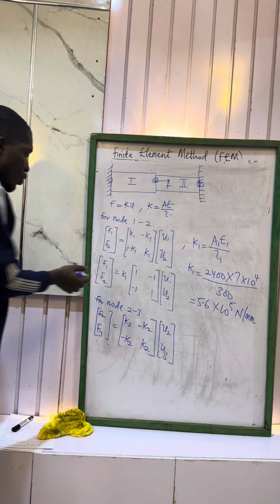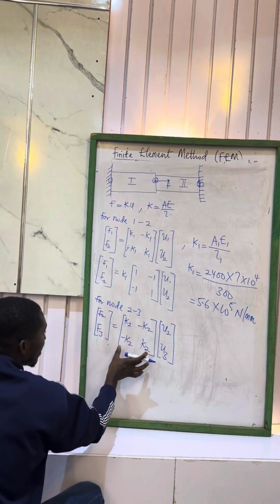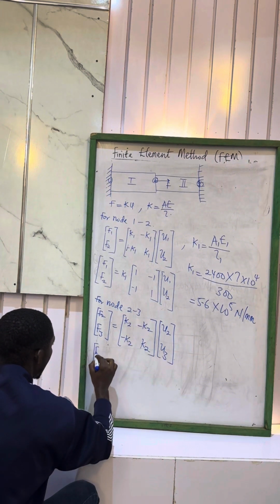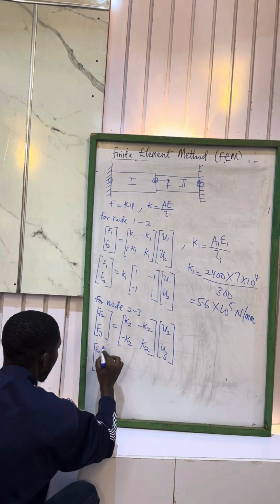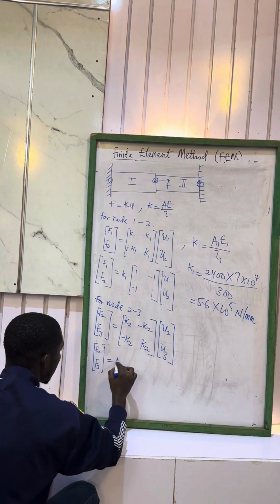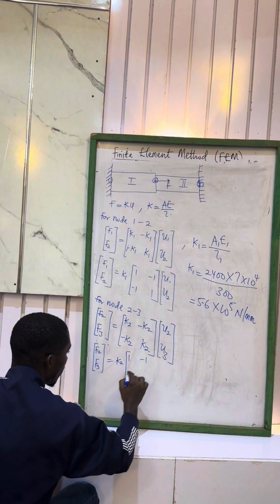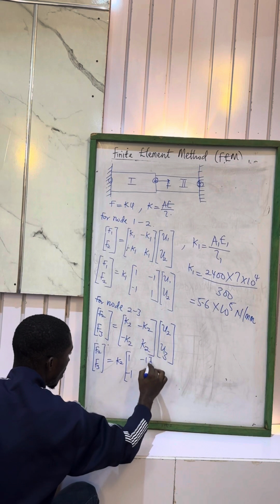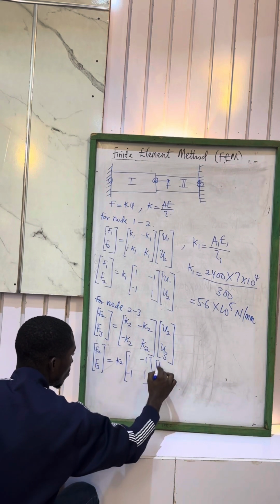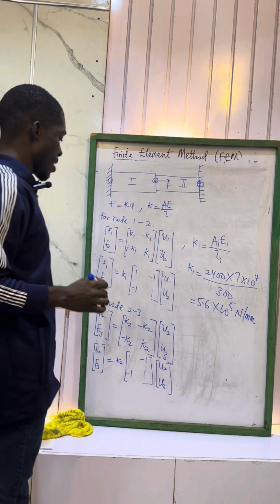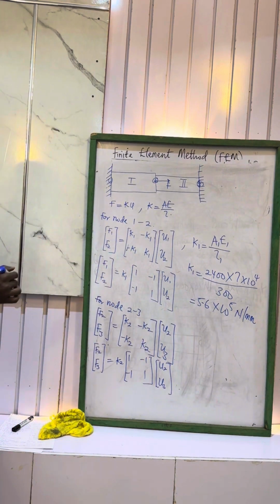So the same thing, I can also bring out my K2, which gives F2, F3 equals K2 times the matrix 1, minus 1, minus 1, 1, times U2, U3.